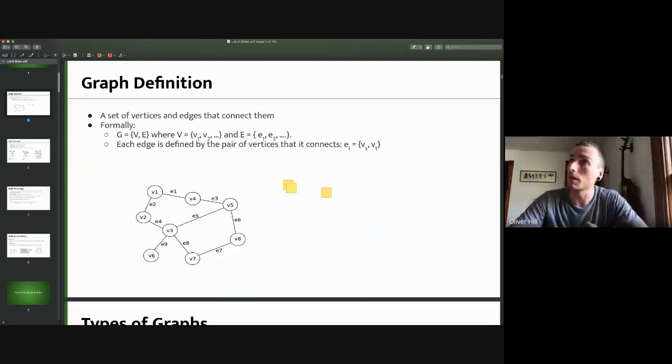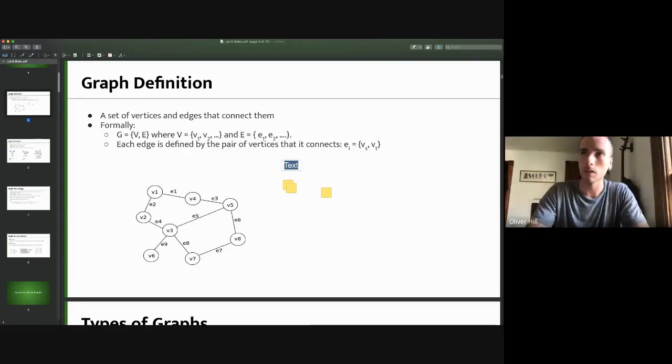V is the set of vertices, E is the set of edges. And each edge can be defined by the pair of vertices that it connects. So for example, we could have E1 equals, in this case, B1, B4.